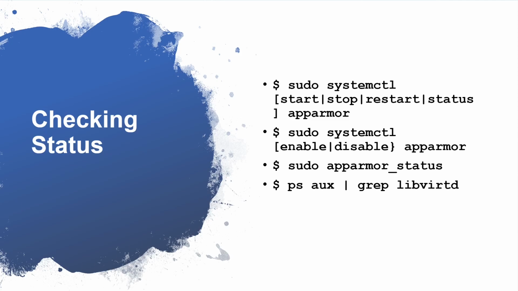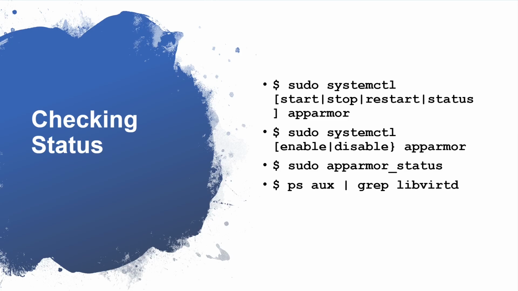Checking status. Distributions that come with AppArmor tend to enable it and load it by default. Note that the Linux kernel has to have it turned on as well, and in most cases, only one LSM can run at a time. Assuming you have the AppArmor kernel module available on the system, you can do a sudo systemctl start, stop, restart, or status apparmor to change or inquire about the current state of operations, or do sudo systemctl enable or disable apparmor to cause it to be loaded or not loaded at boot.